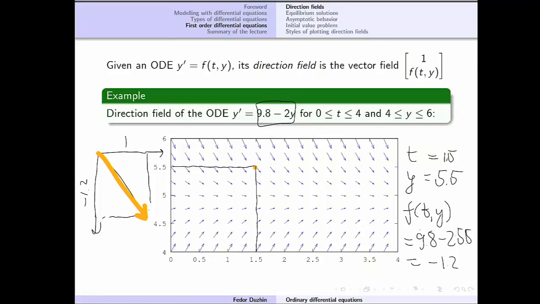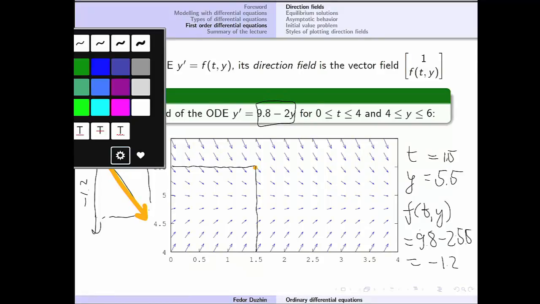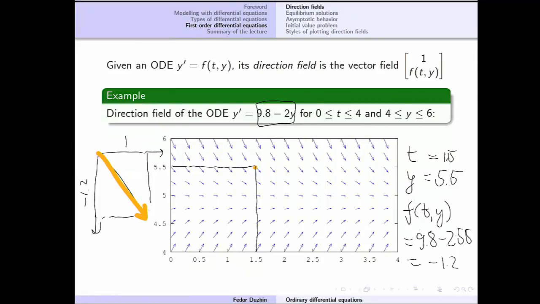Right? So the vector that you see on this direction field, of course, if I plot the whole vector, then I would have to do this, so that its x coordinate is 1. But I just plot a vector that is parallel to it, but much shorter, so that different vectors do not overlap.